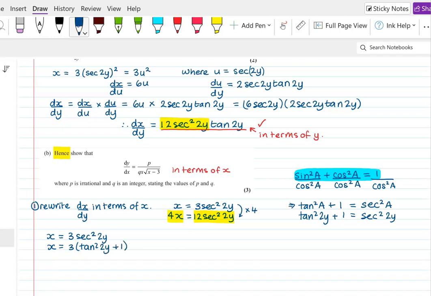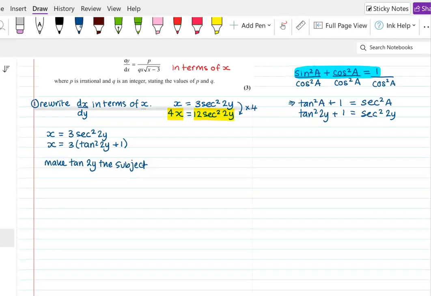Now, what I'd really like to do is make tan 2y the subject, because up here I've got to express that in terms of x. So if I can make tan 2y the subject, that'll be a really good thing.